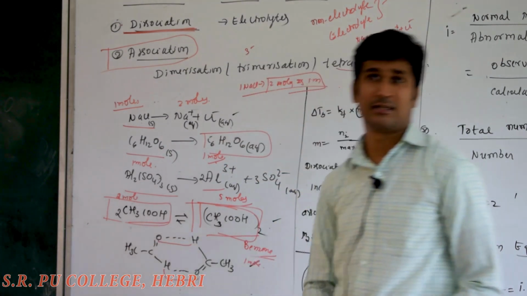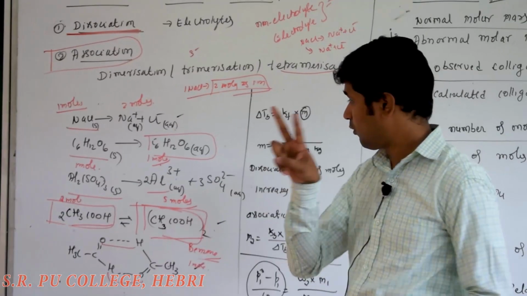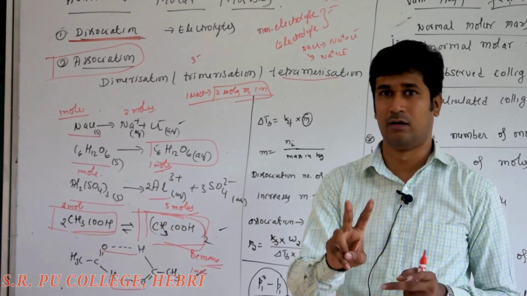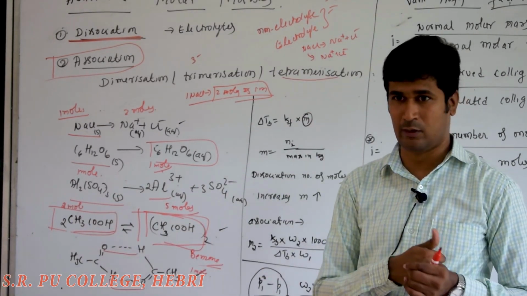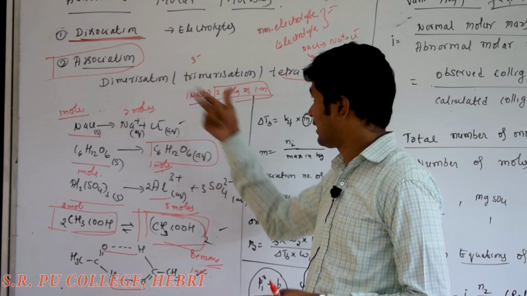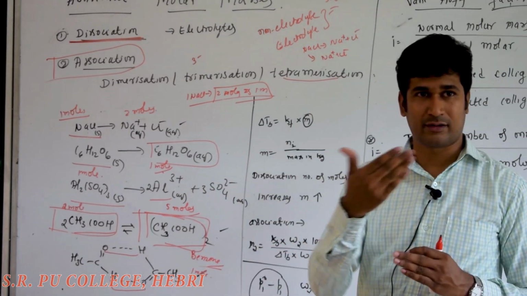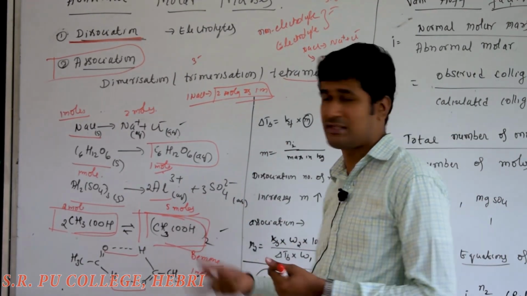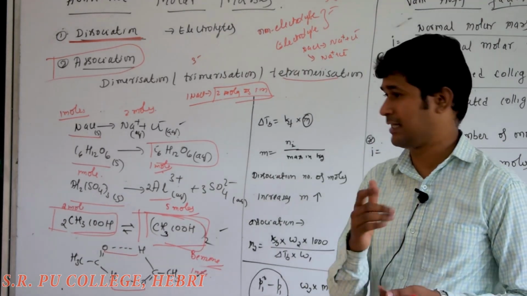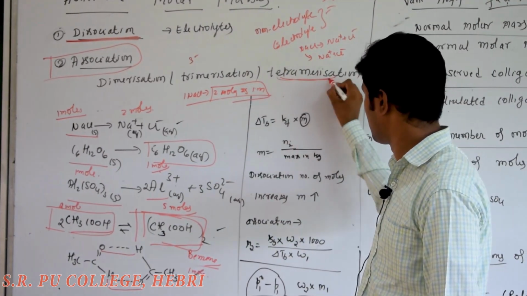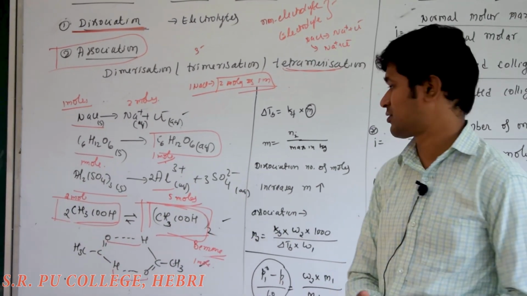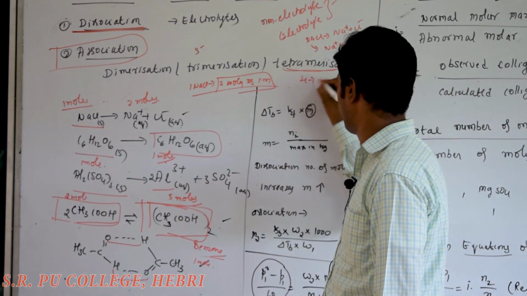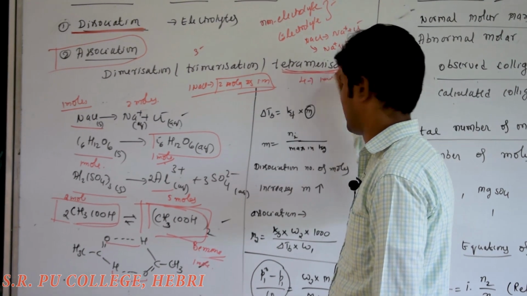These 2 moles of acetic acid give you only 1 mole as a whole, or 2 molecules will give you 1 dimerized molecule. If 3 molecules undergo trimerization, they give you 1 molecule as a trimer. If you take 4 molecules of any substance, then 4 molecules give you 1 molecule as a tetramer.